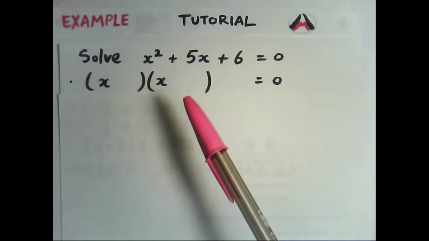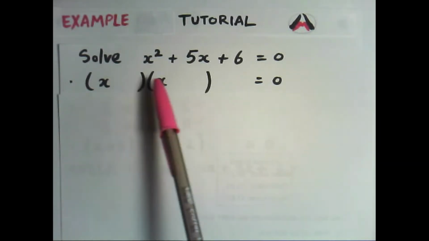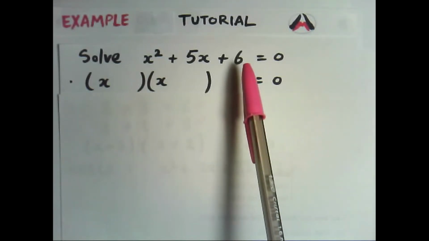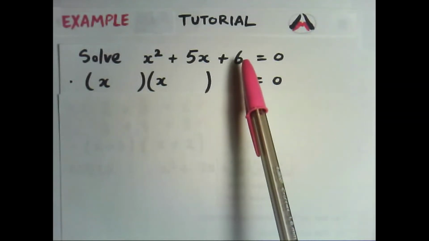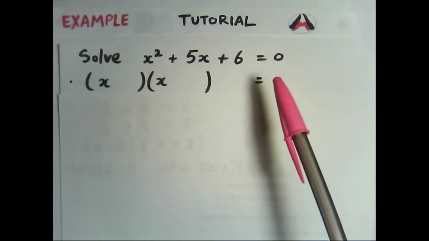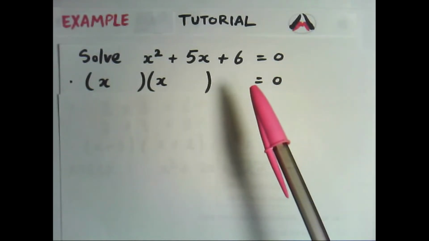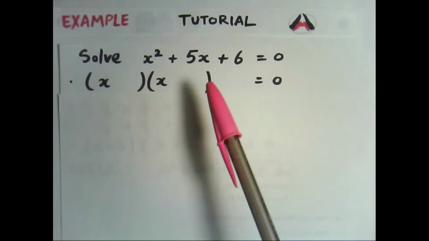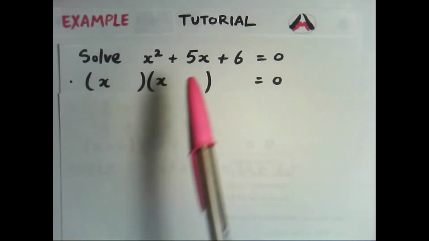Now what we need to think about is two numbers that when we multiply them, they give us 6. So we could try 2 times 3 possibly. There are other variations that we could use, but we could try 2 times 3, and we definitely know that gives us 6. So we could put in a 2 and a 3 there.